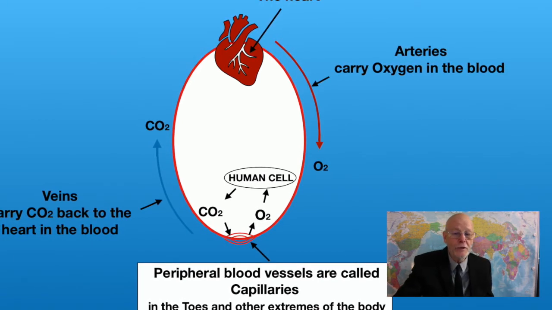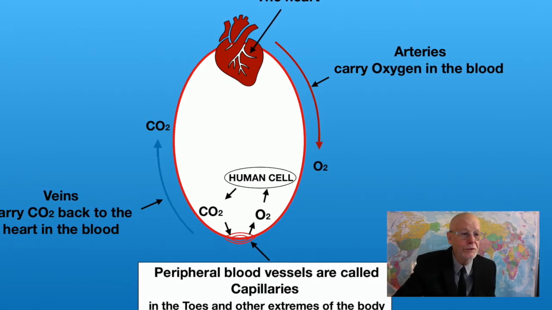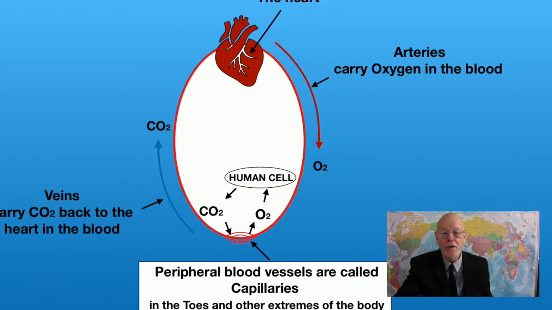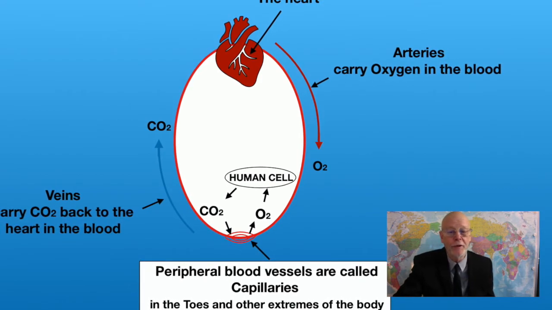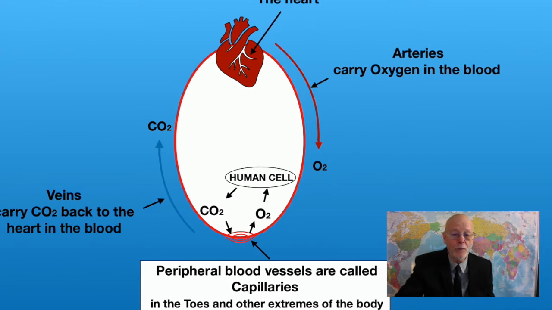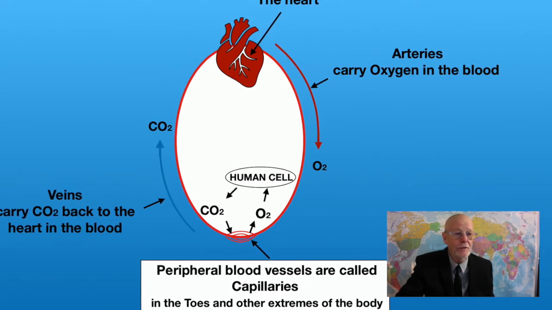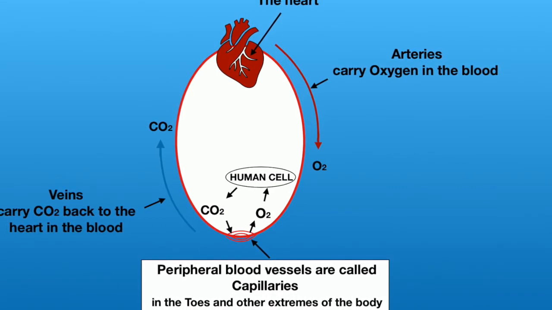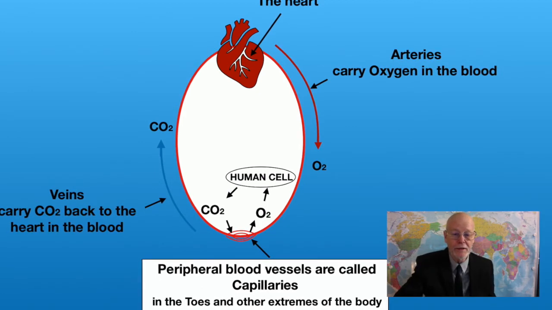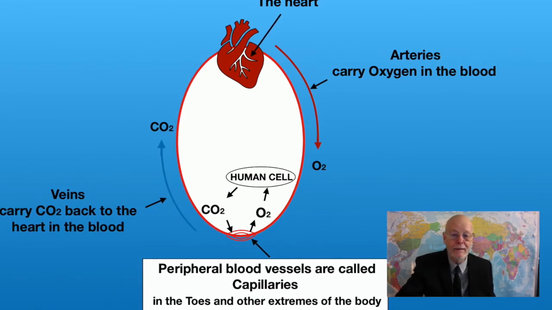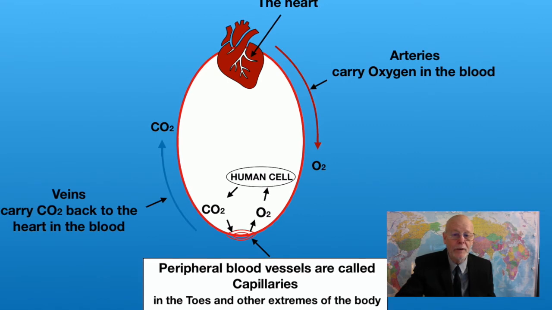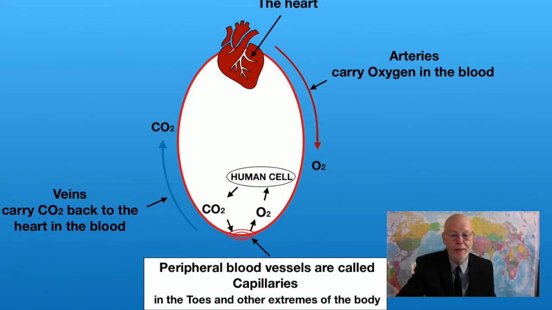And the oxygen goes into human cells to provide energy, and in the process it produces carbon dioxide. Now, when some of the liquid comes outside of those blood vessels, it enters the lymphatic system and it is dispersed in that manner.